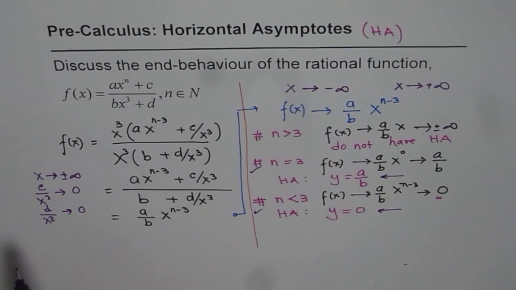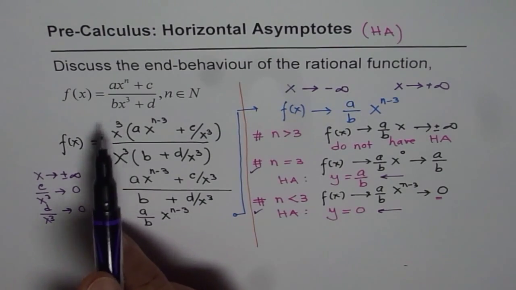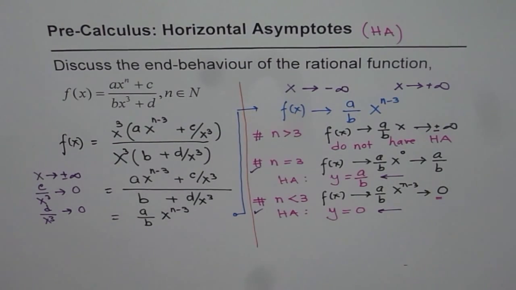But if the numerator degree is the same as the denominator degree, it will exist, and the equation will be y equals the ratio of leading coefficients. But if the numerator degree is less than the denominator degree, then the horizontal asymptote will be y equals 0, or the x-axis.